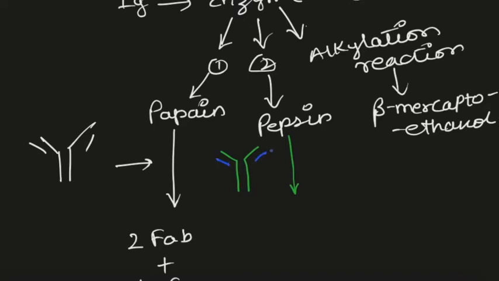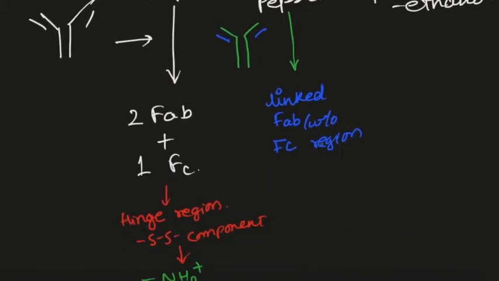If we react any immunoglobulin with pepsin, it basically targets the disulfide bond of the carboxylic region. So what will we get? We will get linked FAB regions, but without the FC region. Why does it happen so?